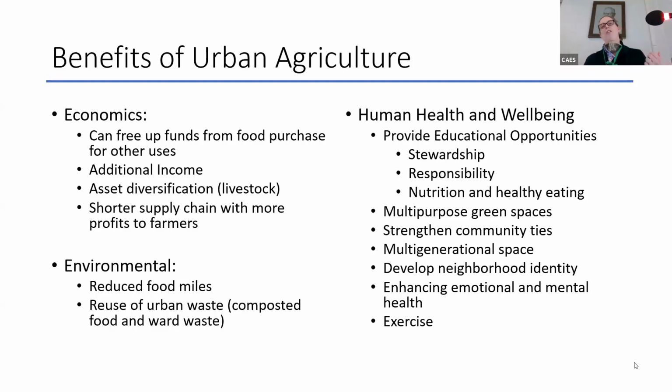There's also a wide variety of human health and social benefits, creating community, creating interactions between different generations, different ethnicities and backgrounds. And then there's emotional and mental health well-being that can be generated from interactions with green space and gardening in particular.